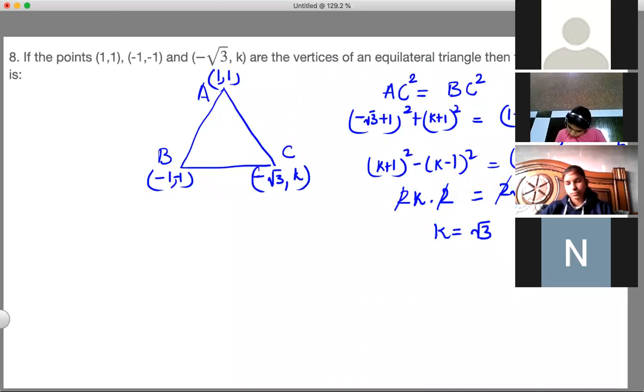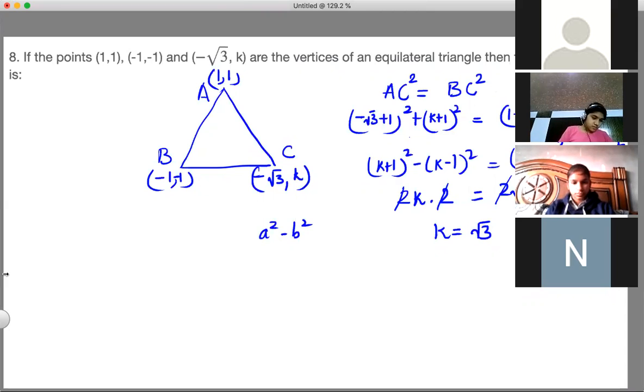So what I did here was, rather than opening up the brackets, I used the a square minus b square identity. I brought this here and this there, just to make life easier. Even if you open up the brackets, it will just be more terms to deal with, but the answer should be the same. Let's move forward.